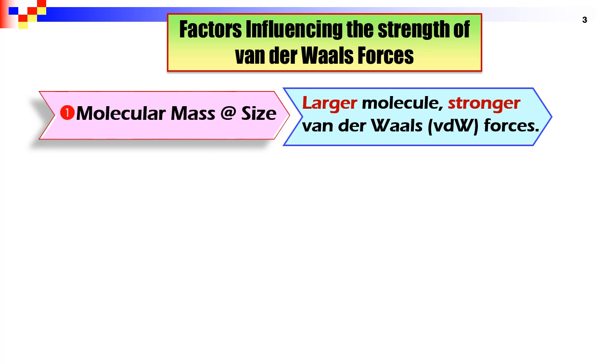A larger molecule has stronger van der Waals forces. This is because when the size of the molecule is large, the surface area of the molecule is also large. So when one molecule is in close proximity with a neighboring molecule, the attraction between them would be stronger.